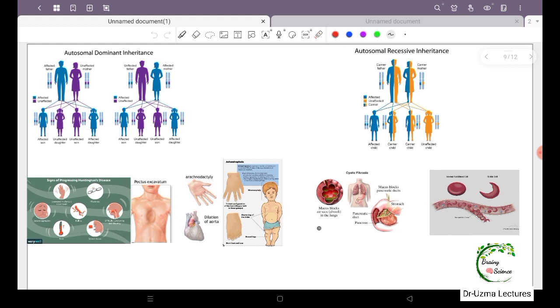This is a case of Marfan syndrome and this is achondroplasia. You can see in Huntington disease there is difficulty in talking, there may be a fever, and many more conditions. In Marfan syndrome, you can see this is a pectus excavatum, and this is an achondroplasia case.